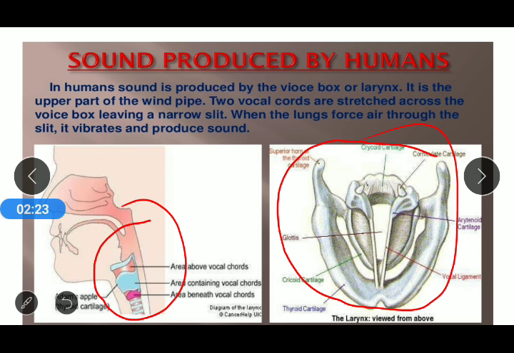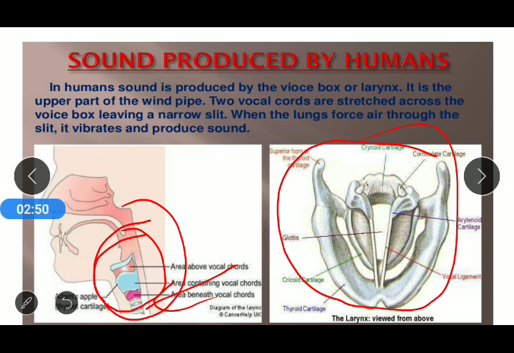Now, how is sound produced and where is the voice box situated in our body? It is situated at the upper part of the windpipe. If you look at the first picture, you can see that this is the larynx or voice box, and it is situated at the upper end of the windpipe.